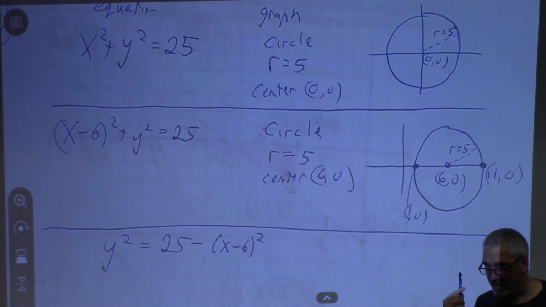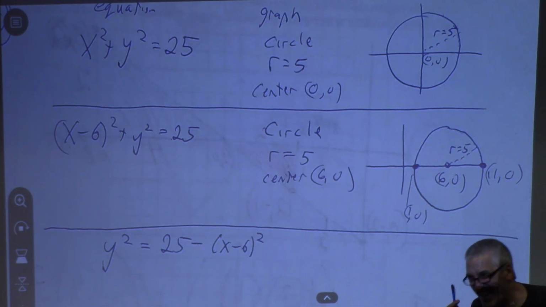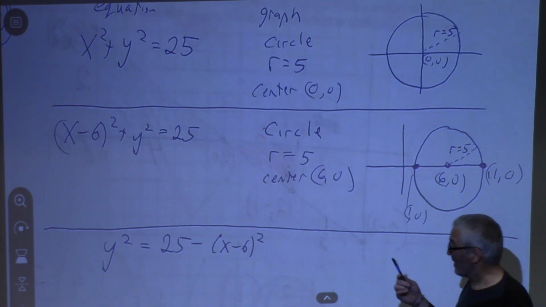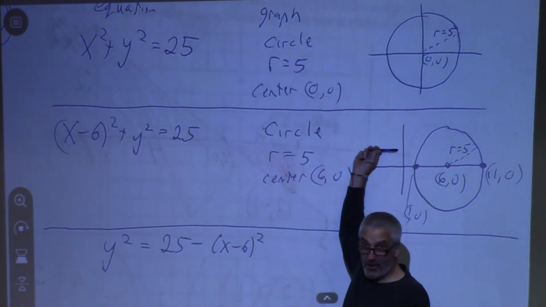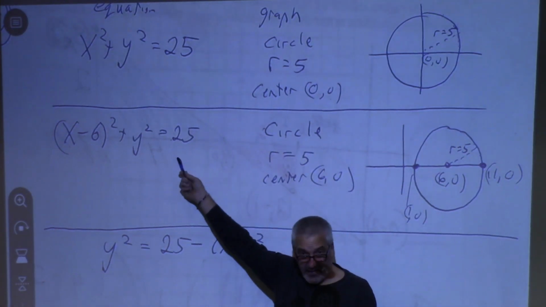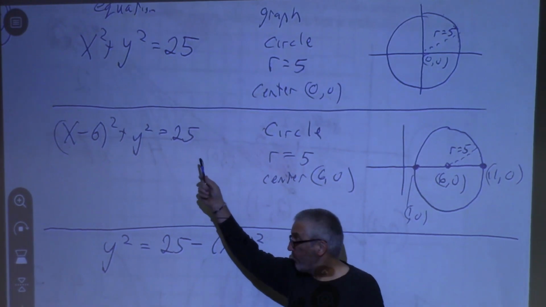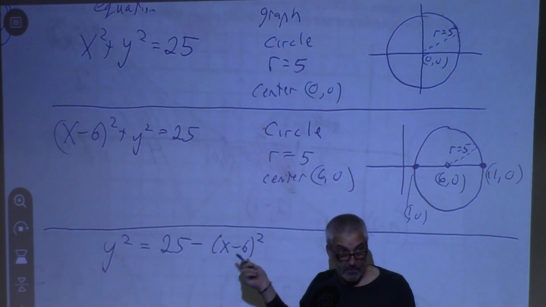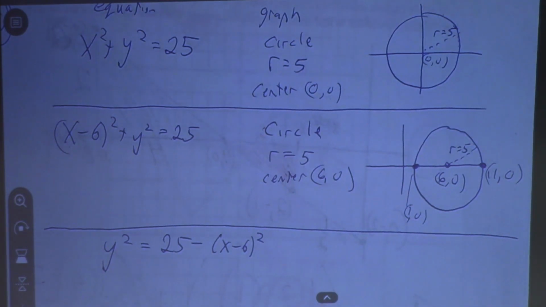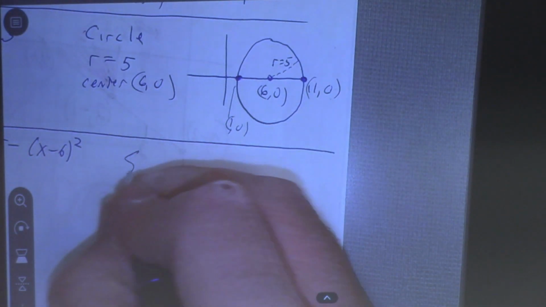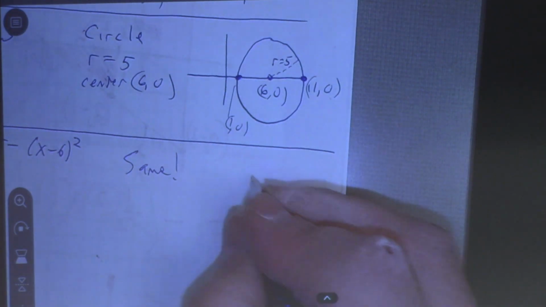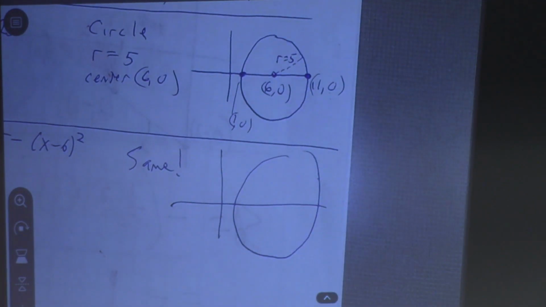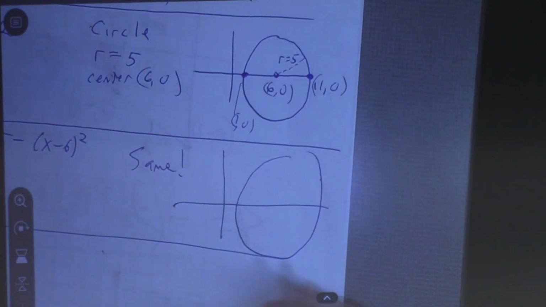Oh, you can't ask me. It's the same, yes. So what we mean by a graph is all the points that satisfy that equation. So all the points that satisfy that equation also satisfy this equation. It's the same graph. So there it is. Now, here we go. Everybody ready? Buckled in? How about this one?